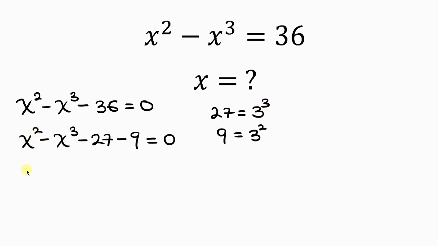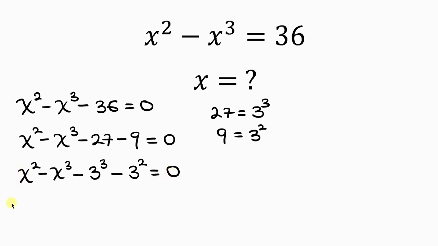Very good. So we have x squared minus x cubed minus, now 27 is the same as 3 cubed, minus 9 is the same as 3 squared, and this is equal to 0. So now let's pair together.